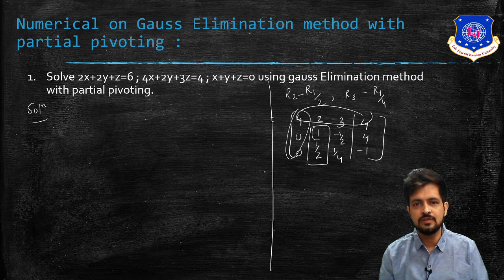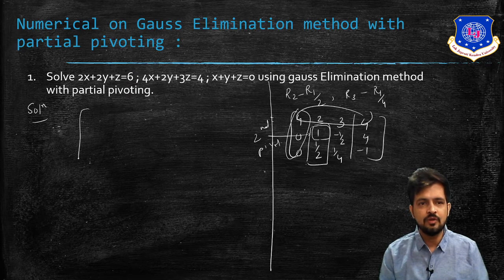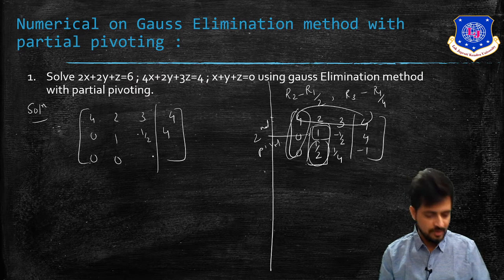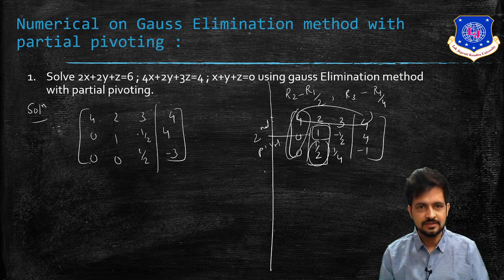The largest of these two, this is already largest. So this is our second pivot. And using this pivot, this element below is to be made 0. So here I can write 1, minus 1 by 2, 4. And my last row will be 0, 0, 1 by 2 and minus 3.